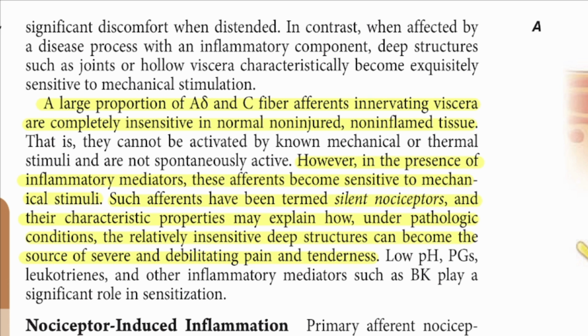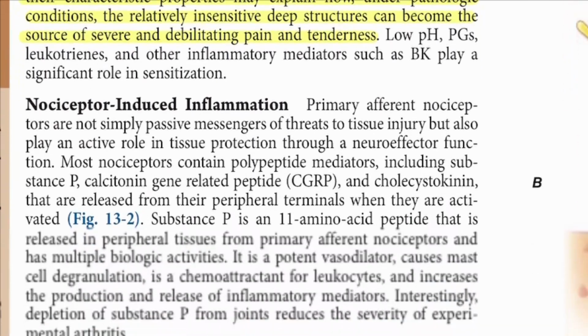They do not perceive pain in normal situations, but in times of injury, in times of damage to those organs, those receptors start relaying the pain, right? So that is why these receptors are called silent nociceptors. That is all that is given in this paragraph.